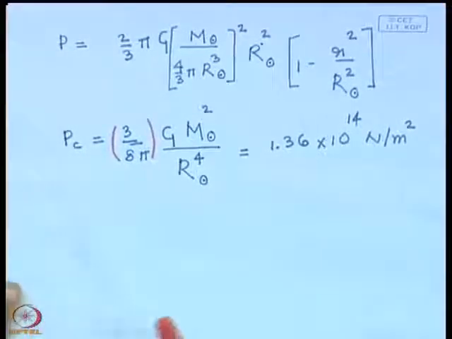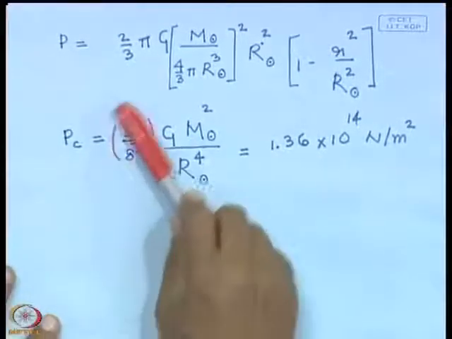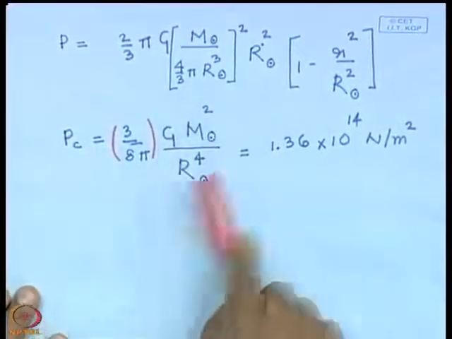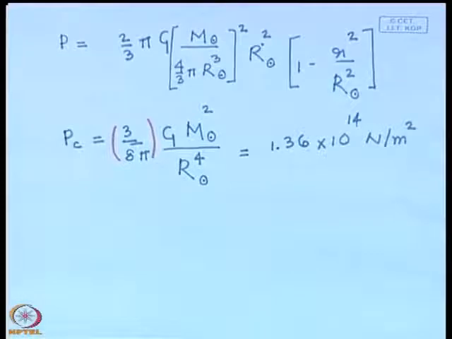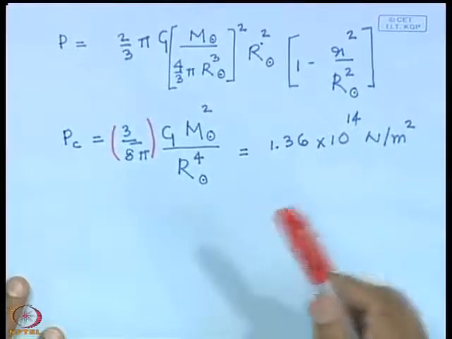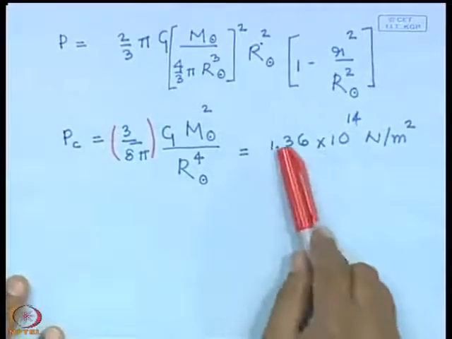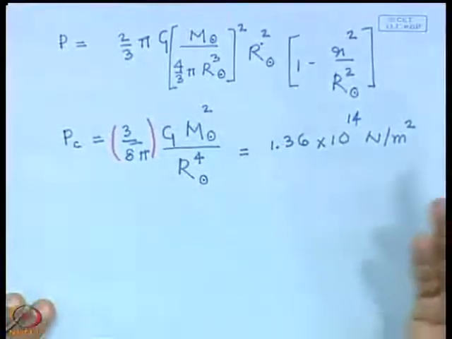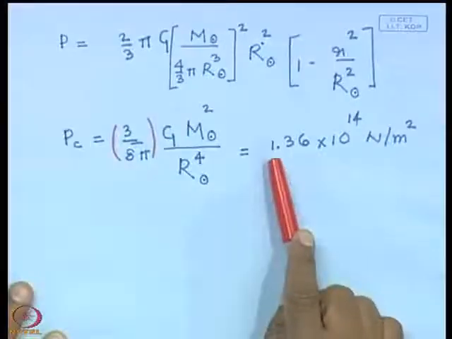So a more realistic estimate will give us some other numerical factor over here, but this part will more or less be the same. So this is an order of magnitude estimate of the pressure. You should not take this very literally. It may be within 10 or 100 times the actual pressure inside the sun, but it gives us some feel for what the pressure is.